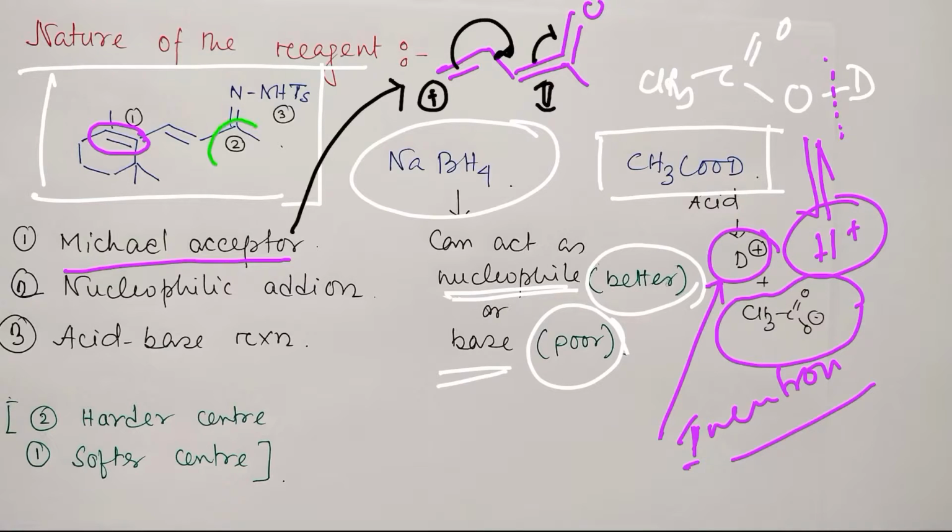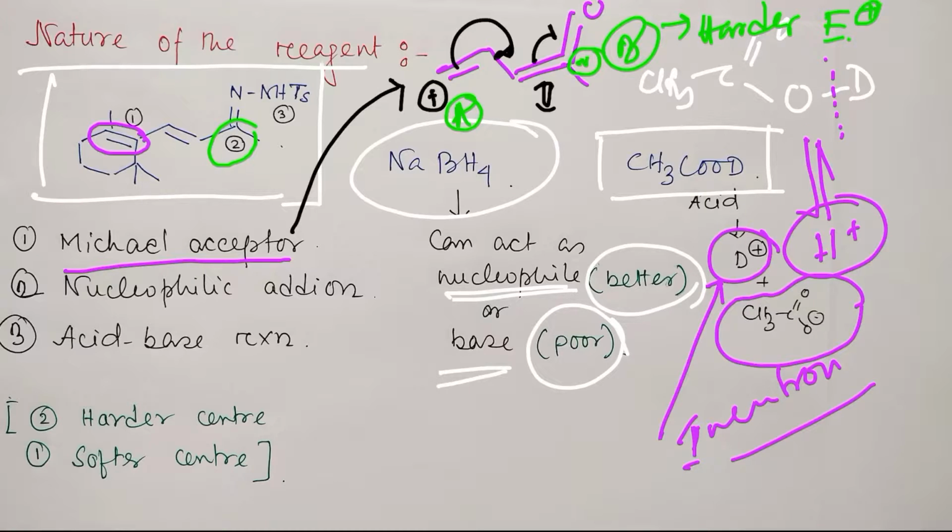There is another point, number 2. This carbon is positive, and this carbon is also positive, but there is a difference between them. For example, call this carbon A and this one B. The difference is that center B is actually a harder electrophile, so consequently a harder nucleophile will prefer to attack here.